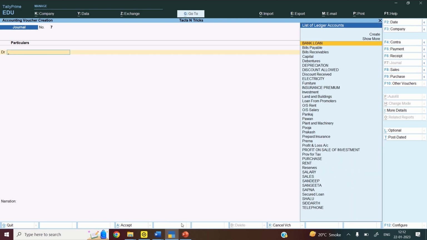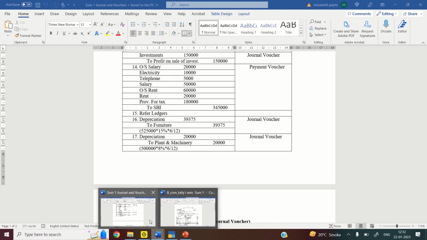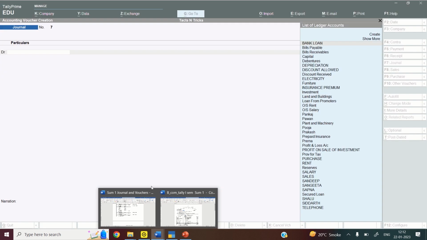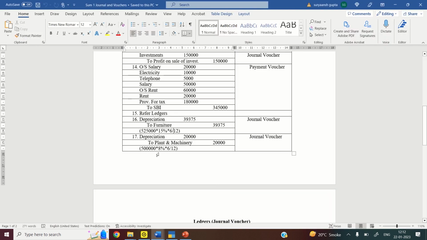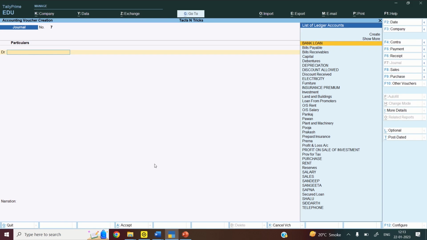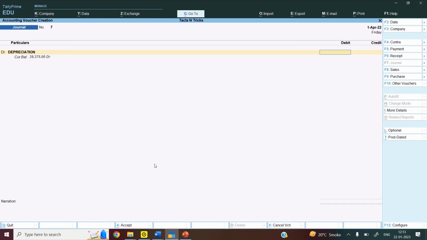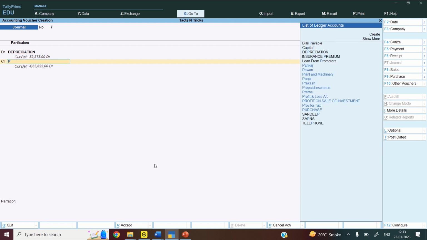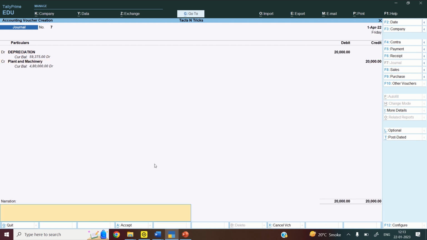And again going to the journal entries on plant and machinery, 5 lakh opening balance of plant and machinery, 8% depreciation into 6 divided by 12. So it will be depreciation to plant and machinery 20,000. So journal voucher, the depreciation ledger is already created, 20,000. Plant and machinery, 20,000. Okay.